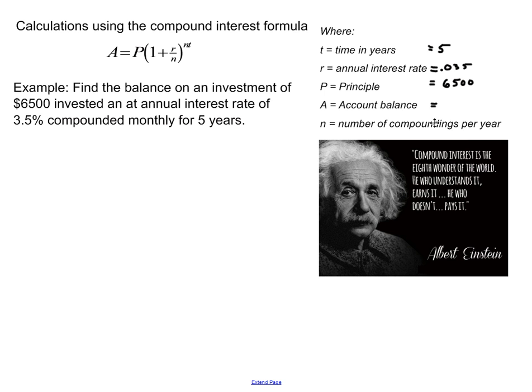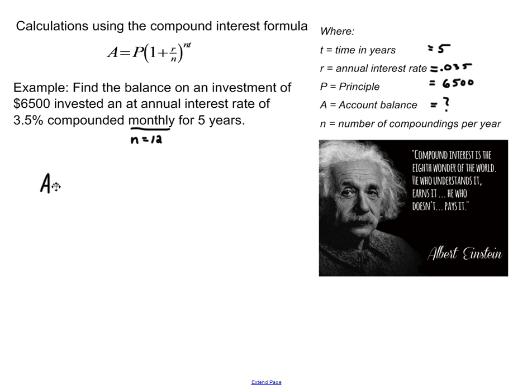This is what we're interested in, our account balance. We don't know that yet, but we said it's the number of compoundings per year. And if we say the word monthly, that implies that our number of compoundings will equal 12.